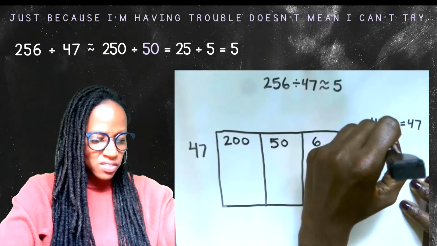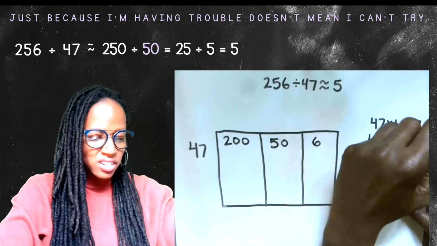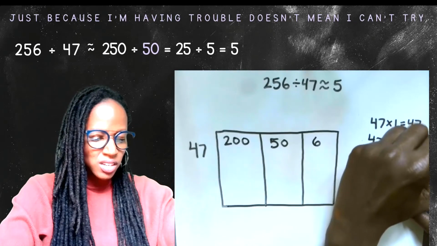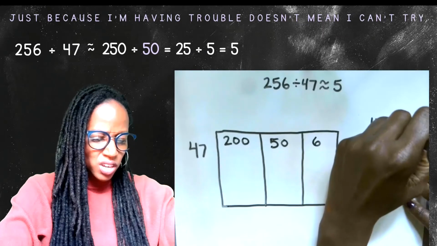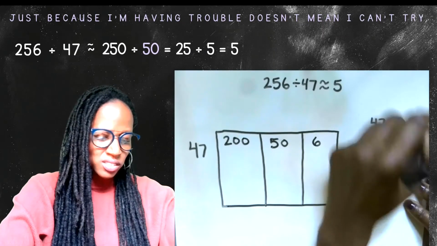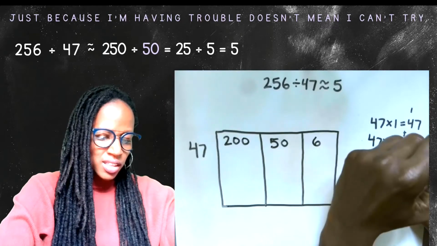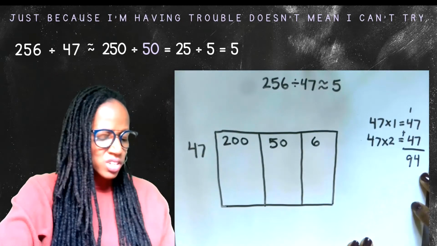Well, 47 times 2, I could just add another 47 to figure it out. So 7 plus 7 is 14. I bundle the 1. That's 94. I still have some available groups that I could share.